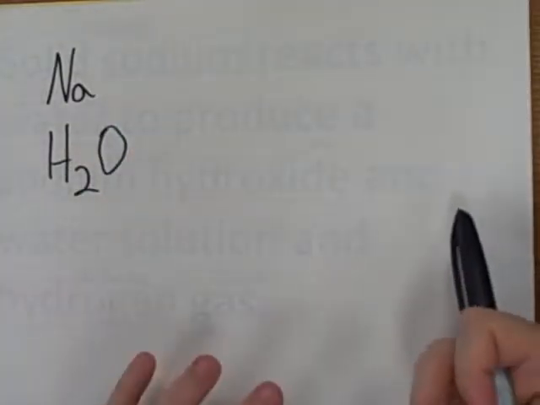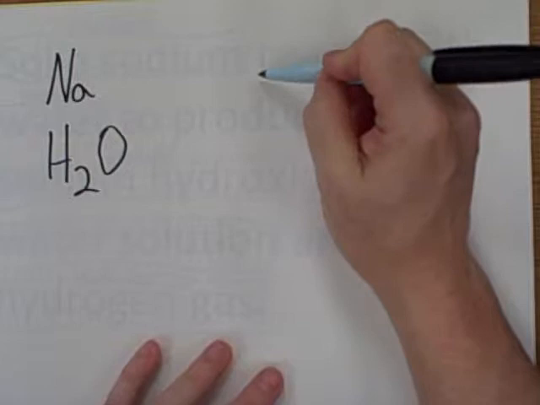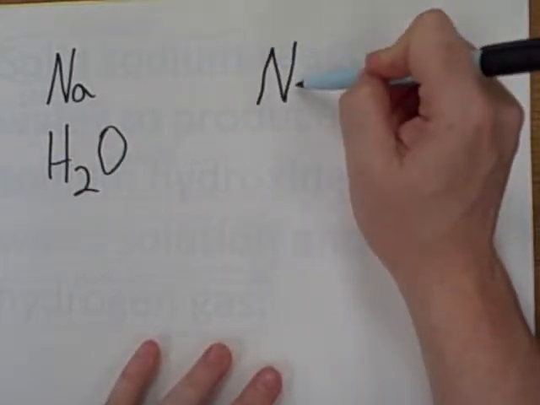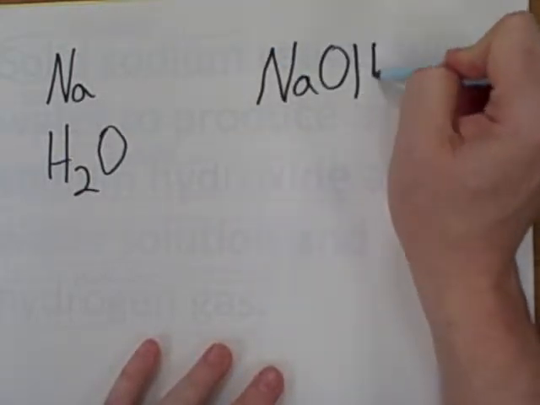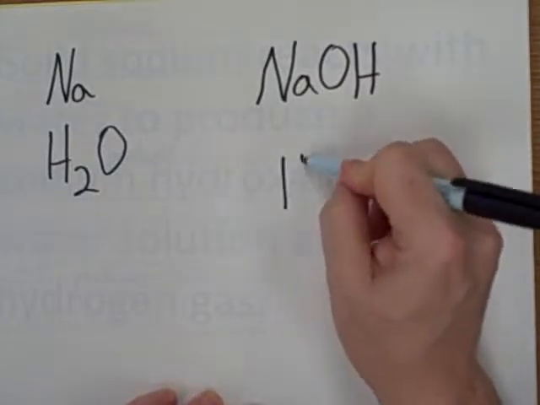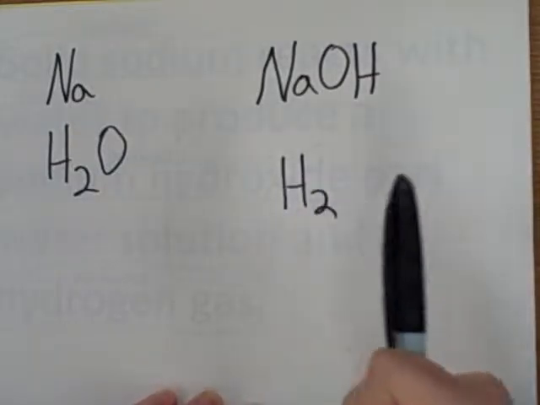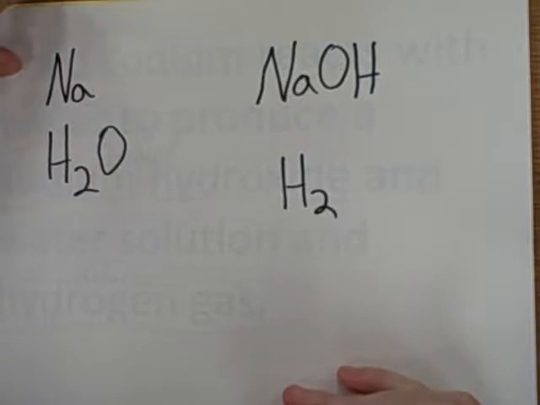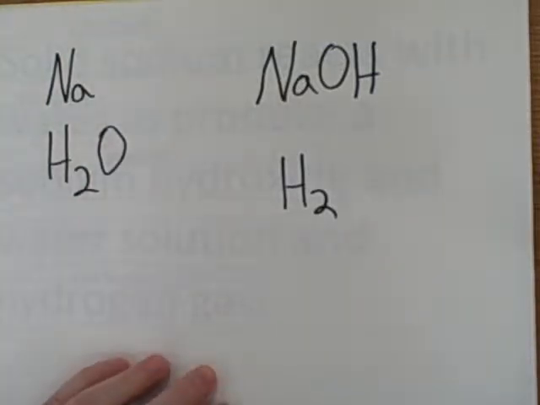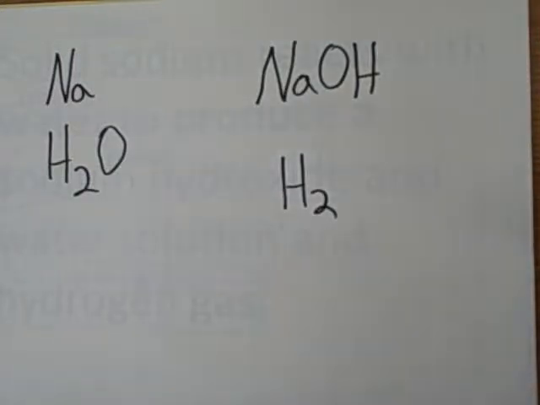Now our products are sodium hydroxide, so that's going to be NaOH, and hydrogen gas is H2, because remember, hydrogen is one of the diatomic 7, so it's never by itself. So the left side is going to get the sodium and the water, the right side, the products side, is going to get the sodium hydroxide and the hydrogen gas.